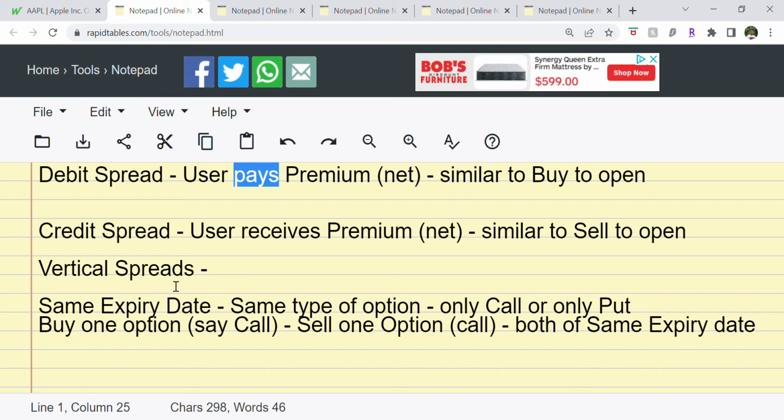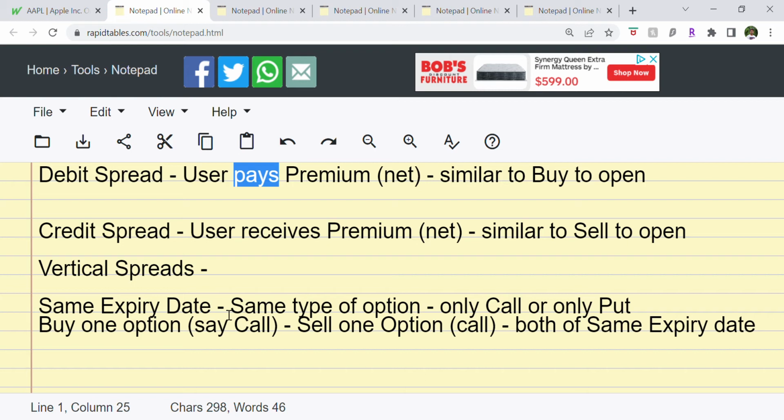Now coming to the vertical spread, what are the basic concepts? It's quite easy to understand if you have basic knowledge about options. In a vertical spread we choose the same expiry date and the same type of option for buying and selling.